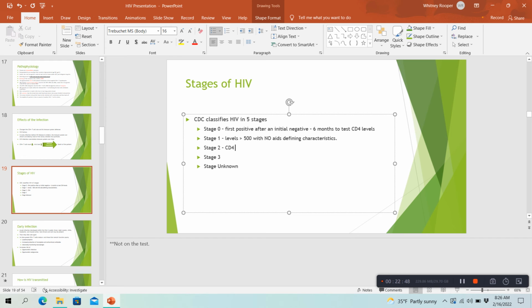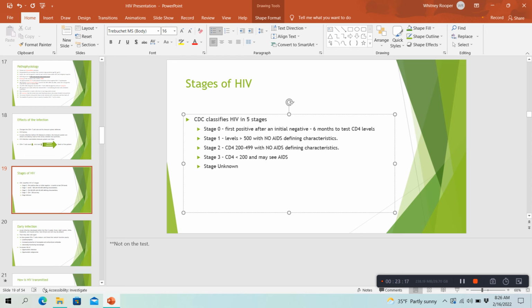Again, if it's not yet below 200, then we can say there are no AIDS defining characteristics. Stage 3 is where they go below 200, and we may see those AIDS defining characteristics. And then stage unknown.